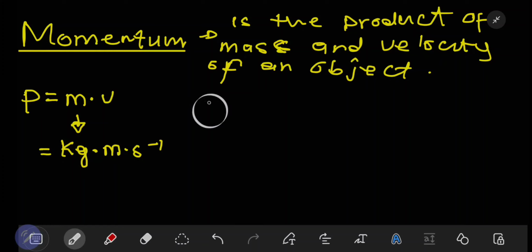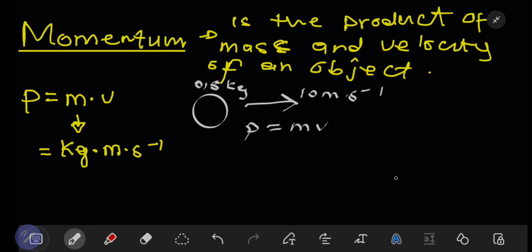Now suppose you are given a ball, and this ball has a mass of 0.5 kg and is traveling at a velocity v of 10 meters per second. Then we can calculate the momentum of the ball by saying P is equal to m multiplied by v.